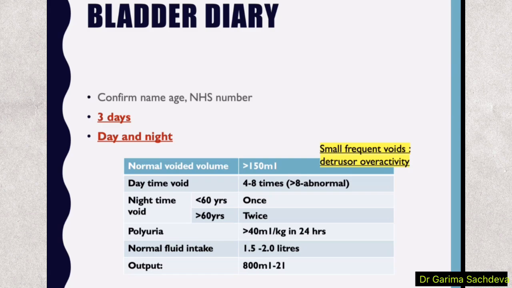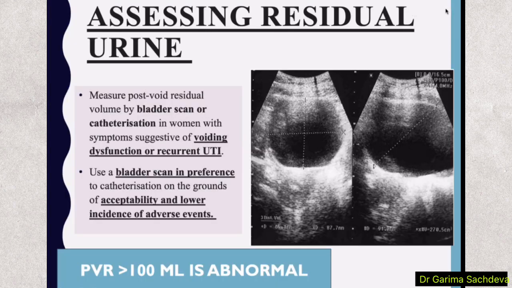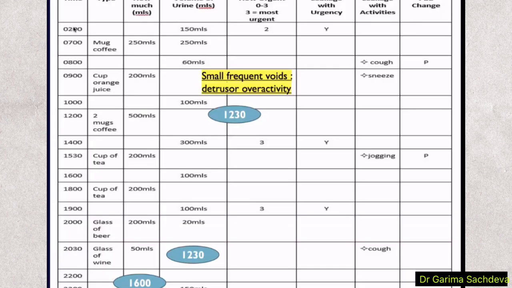So this is how a bladder diary looks. How will you interpret it if the patient comes with this? You see here 2 a.m., 7 a.m., 8 a.m., 9 a.m., like this. She's voiding multiple times.